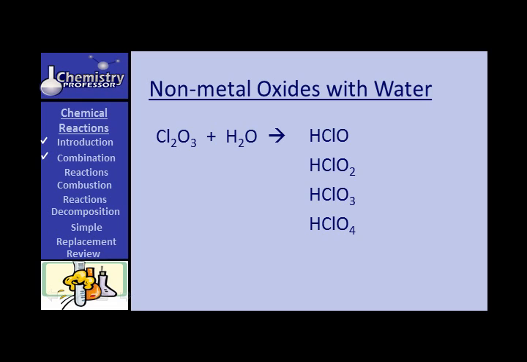Well, what we have to do is find these oxidation numbers. The oxidation number of chlorine in the first one is a +1. Figure the oxidation state of chlorine in the second one. And do you get that it is a +3?